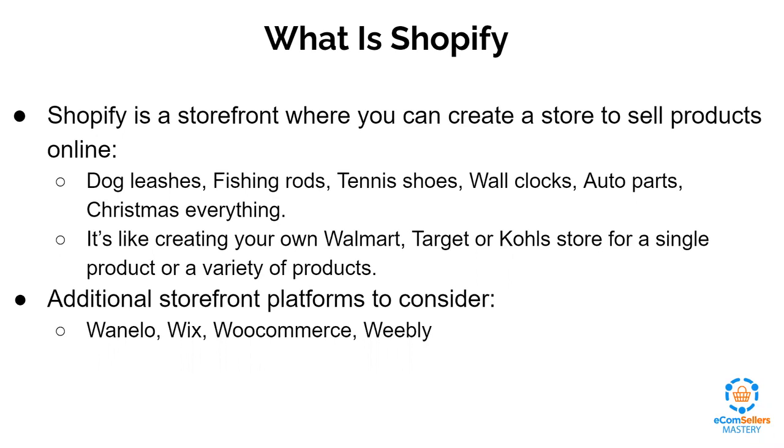But when choosing Shopify, some of the niches like the dog niche, dog leashes, fishing rods, tennis shoes, wall clocks, auto parts, Christmas, everything. It's just like creating your own Walmart, Target, Kohl's store, and you can do it for a single product or a variety of products.